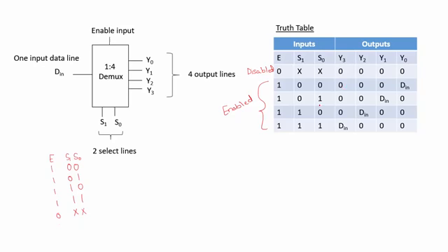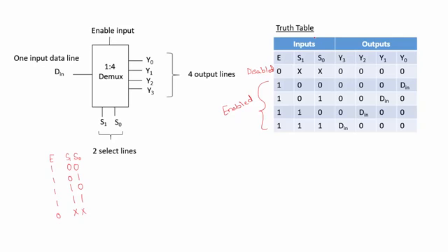Similarly, when it is 0 1, DIN gets connected to Y1, so Y1 will be DIN and the others will be 0. For 1 0, DIN gets connected to Y2, so Y2 will be DIN and others will be 0. When the select lines are 1 1, DIN gets connected to Y3, so Y3 is DIN and others will be 0. So this is the truth table of the 1 to 4 demultiplexer.